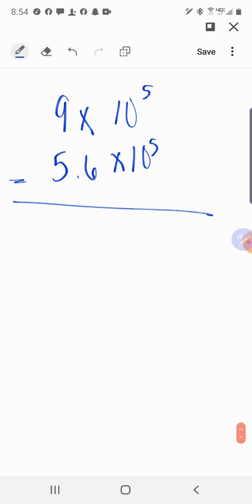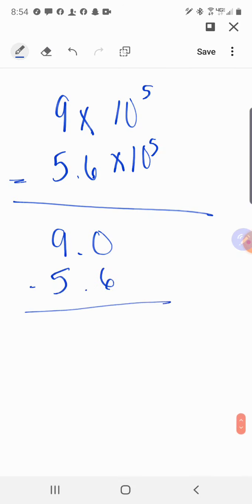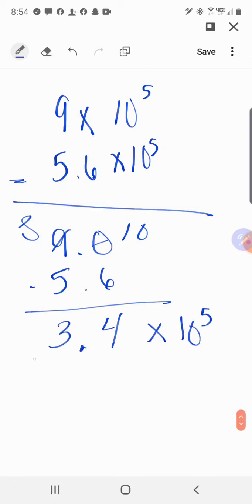Whenever you take 9, subtract 5.6, now, can I take 0 from 6? I cannot. I can borrow. That becomes an 8. This becomes a 10. 10 minus 6 is 4. 8 minus 5 is 3. Keep that decimal right there. So I got 3.4 times 10 to the 5th.